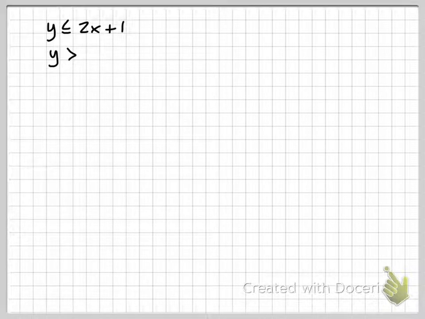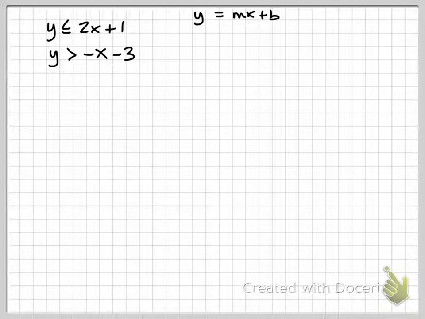So basically, if you have a set of equations, so y less than or equal to 2x plus 1, y greater than negative x minus 3, right now I already have it in the form y equals mx plus b. Like I already have it set up that way where you have your y, and you have your mx plus b. So that's our standard slope-intercept form.